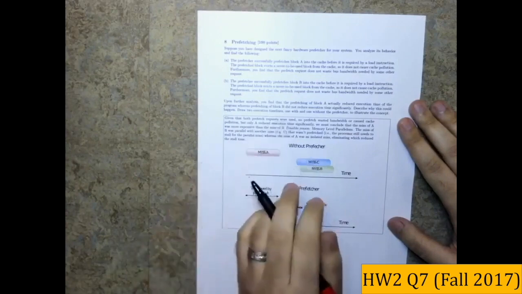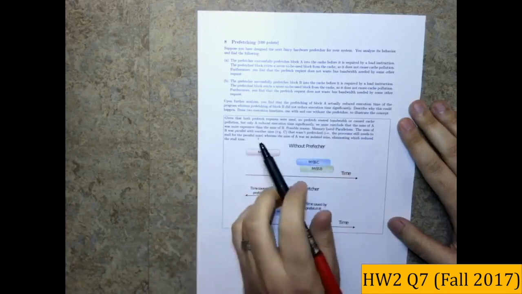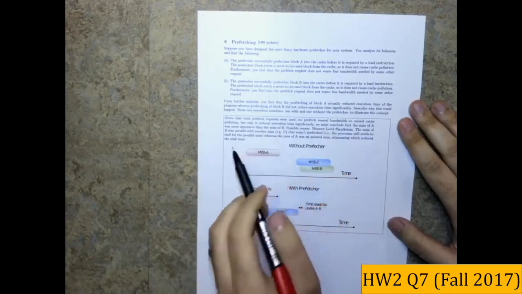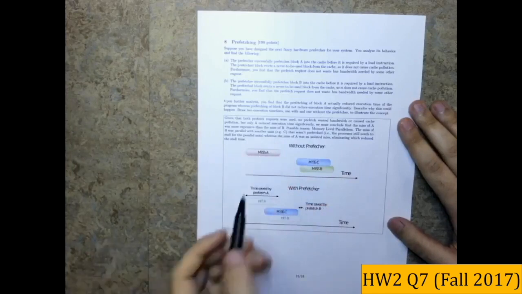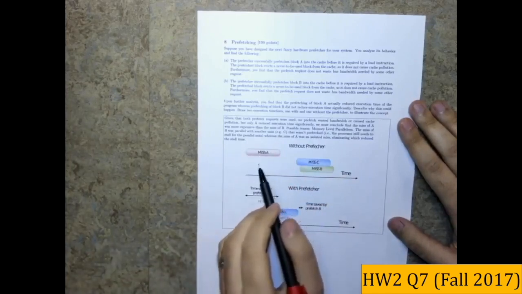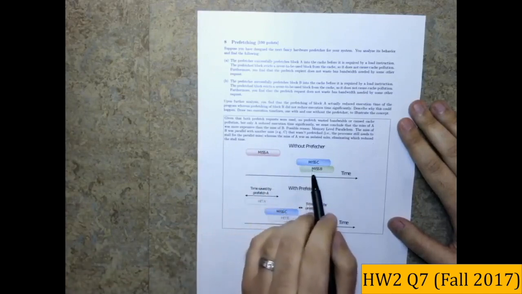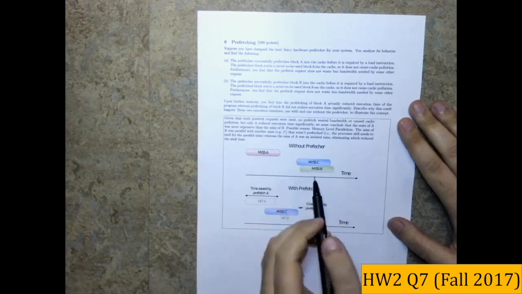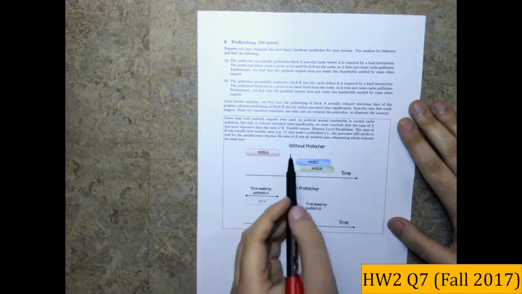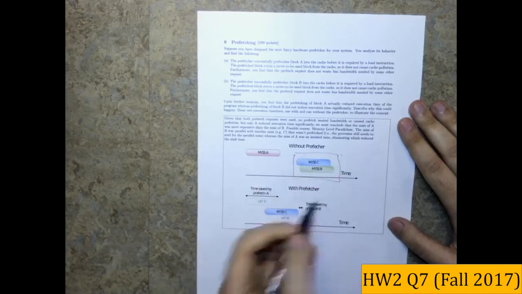We can conclude that the miss for block A is a very important miss. So if we prefetch block A ahead of time, we will have a significant performance improvement. But mitigating the miss for block B is not important. One possible reason could be memory parallelism.